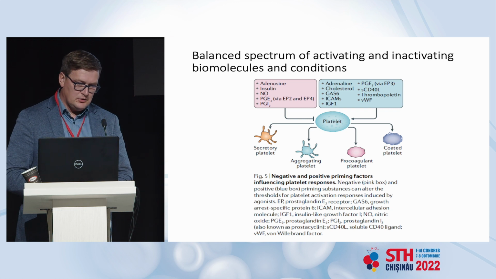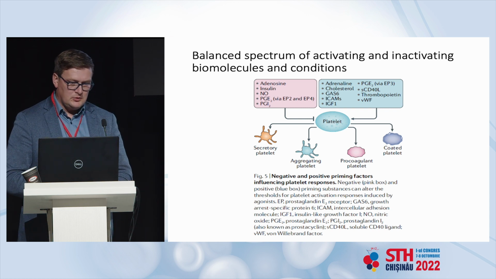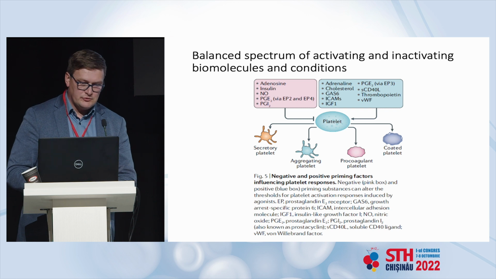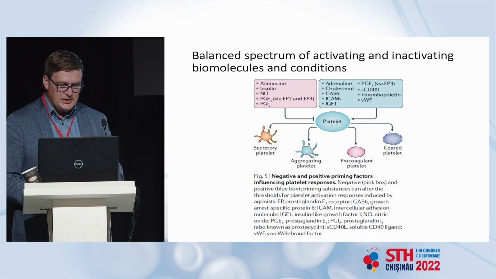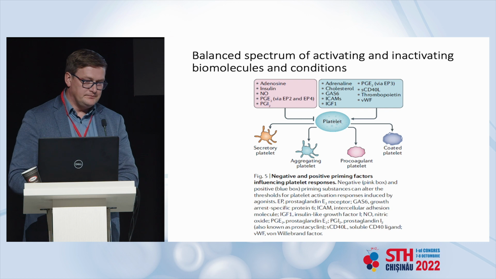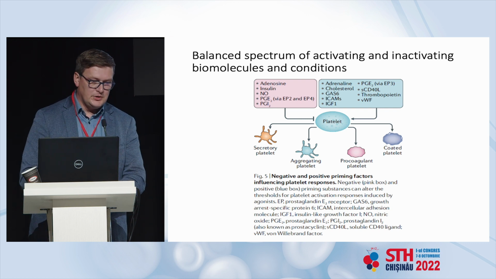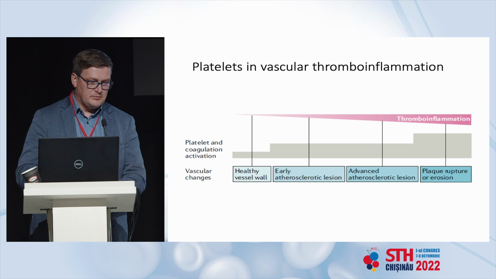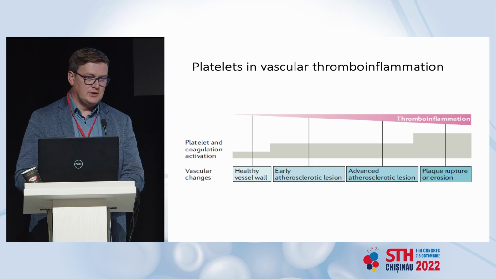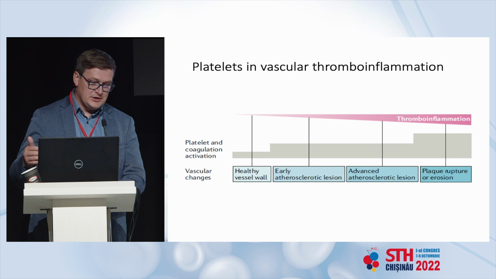It is clearly known that platelets play a huge role in vascular thromboinflammation, and this picture depicts that during the lifetime of a human, platelet coagulation activation is increased. And there are vascular changes during the lifetime.